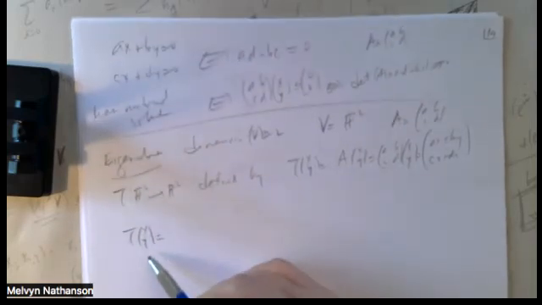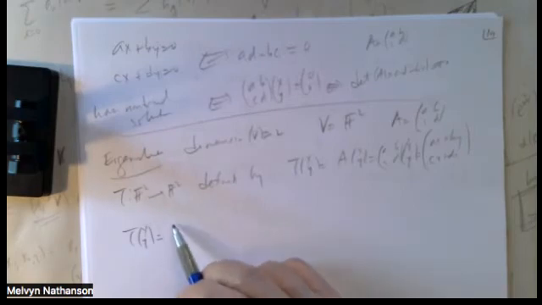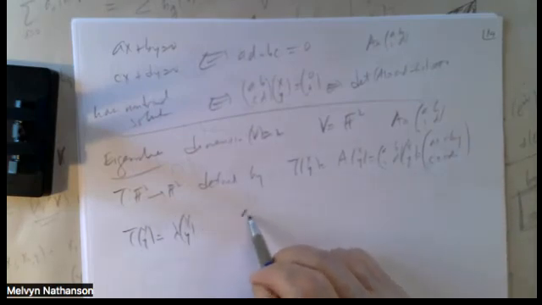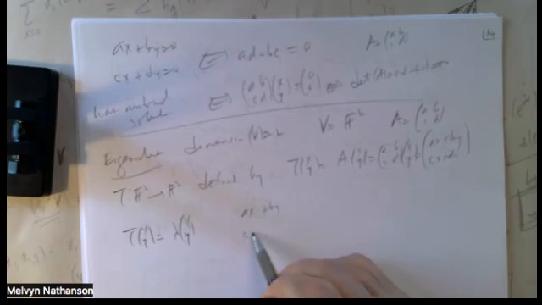And XY is an eigenvector of T with eigenvalue lambda if and only if I can solve this equation with X and Y not both 0. But T of XY is AX plus BY, CX plus DY.